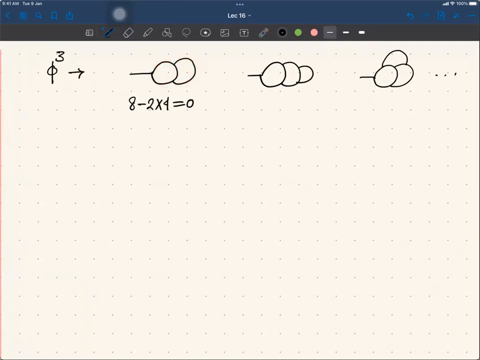In this case, it is 3 loops, so 12 upstairs, and the number of propagators is 1, 2, 3, 4, 5, 6, and 7. So that's 14. So this is minus 2. Here also it is the same counting, because the difference between these last 2 diagrams is that the loop, instead of being here, is here, but it increases the number of propagators in the same manner. So it's minus 2.